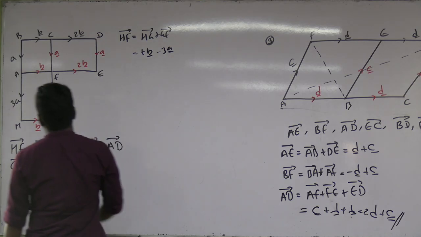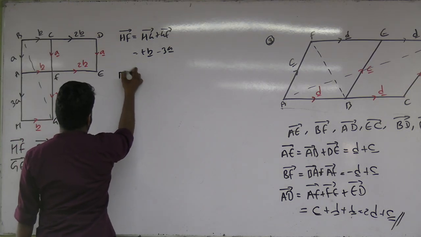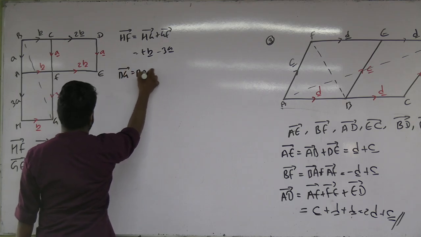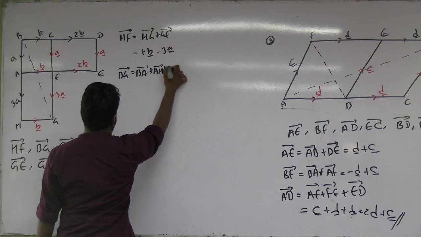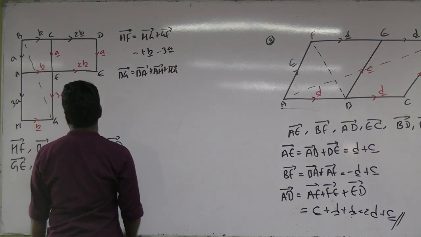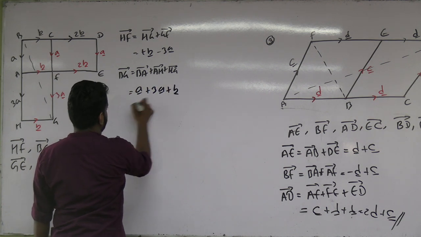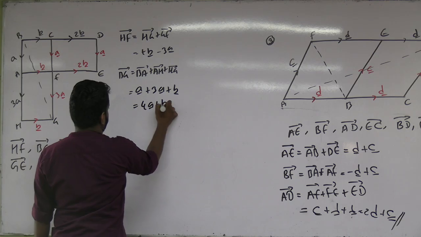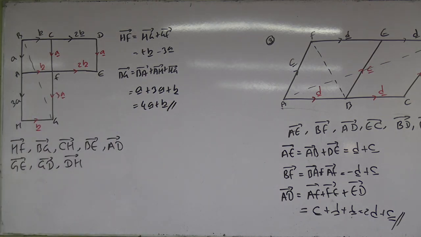Right. And BG. So BG equals BA plus HG. So this is A plus 3A plus B, which is equal to 4A plus B. Okay. Right. So BG is also calculated. Now CH.